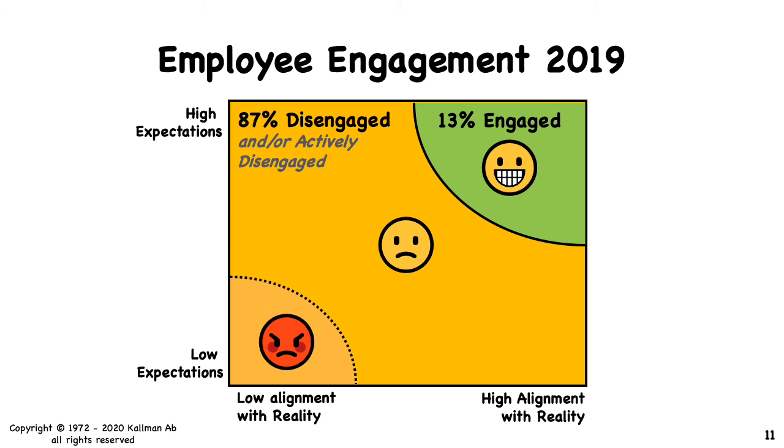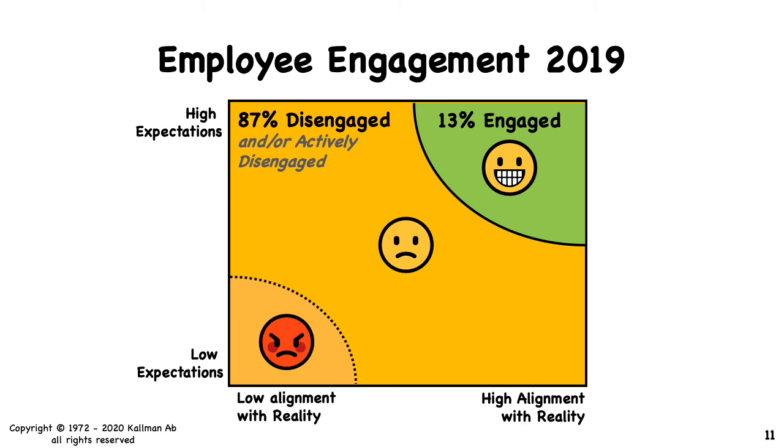So you can have 80% of your workforce who basically is neutral to what you're doing and they just do their job. Or you've got that small portion that are actively working against you to make your life miserable. And that's where their high expectations ran into low alignment with reality, and they just get disturbed.